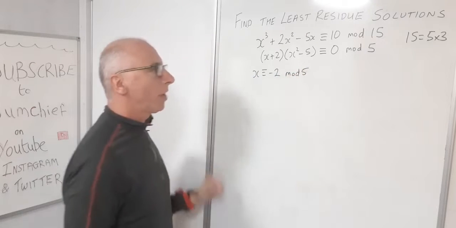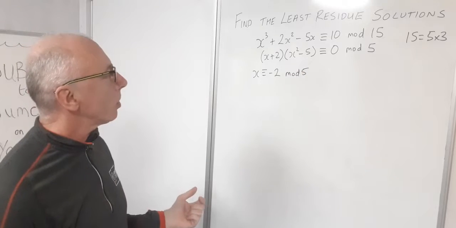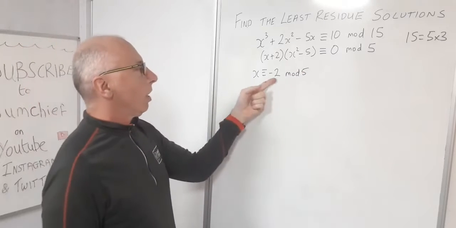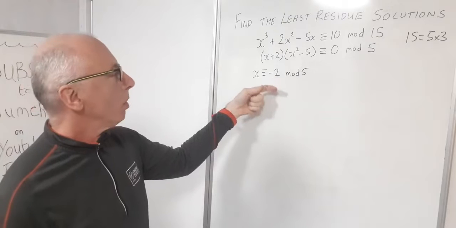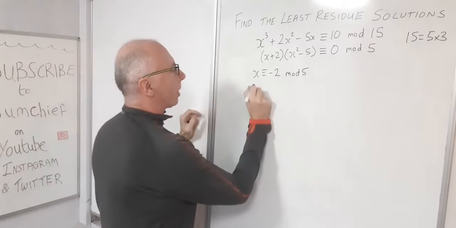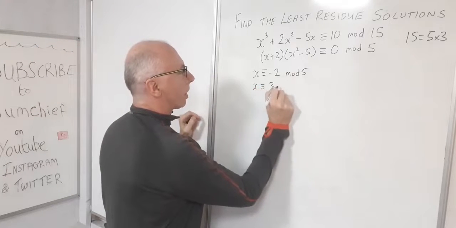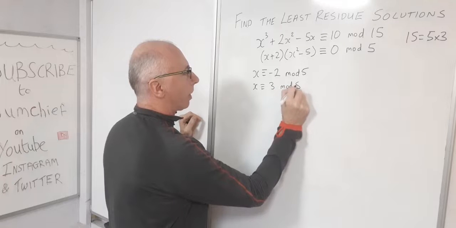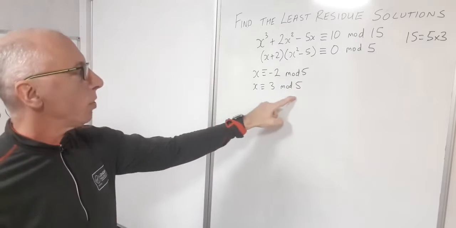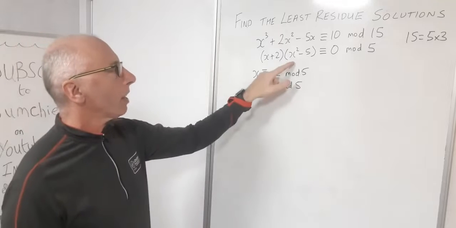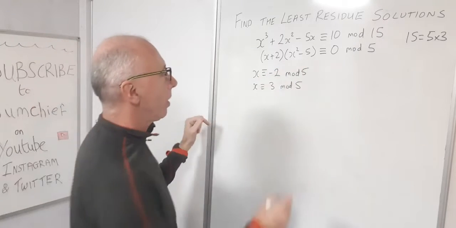And now we can simplify this a little bit to get a positive number, a number that's congruent with minus 2 mod 5. Well, if we just add 5, we'll get positive 3. So x is congruent with 3 mod 5. So that's the first one we've got. And then the second one, we'll have a look at this x squared minus 5.